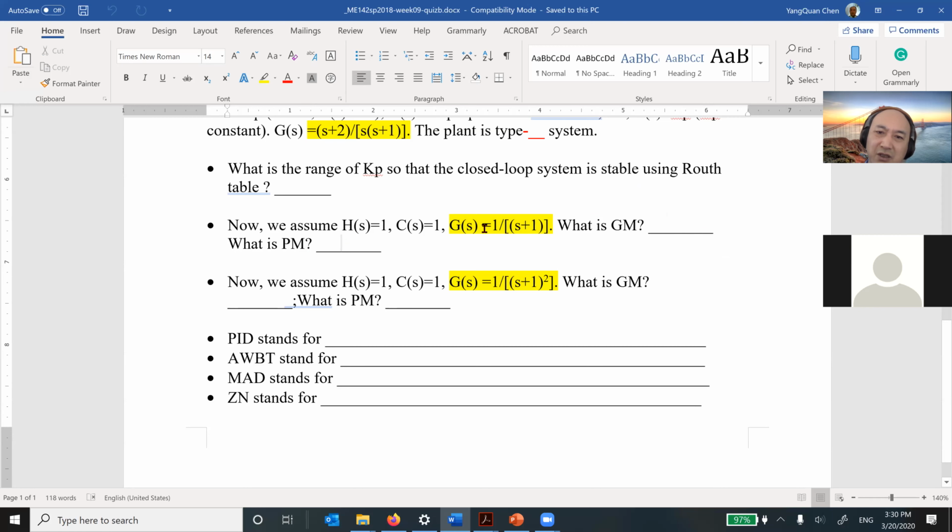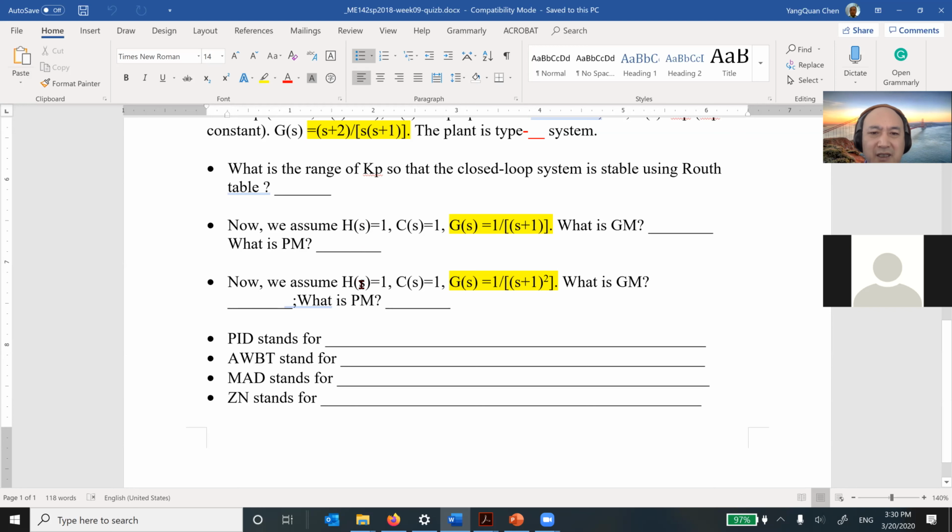It's always below 0 dB, it doesn't cross the 1. So probably when you do a crossover, the phase margin is considered as also infinite, because you don't have a phase margin here, okay? You didn't cross the 0 dB line. You are from the 0 dB line then going down, right?